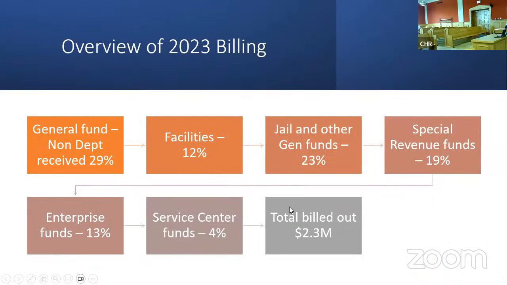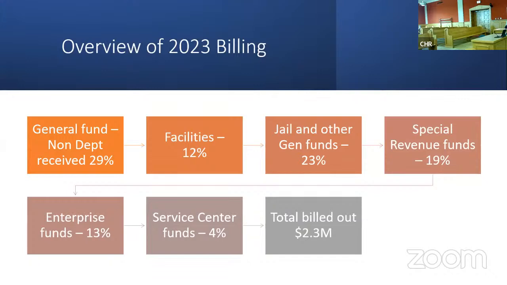So the overview of the billing for 2023, based upon that, was about a $2.3 million bill that was billed to departments. When you looked at it holistically, most of that went to the general fund. Non-departmental received about 29%. Facilities, 12% of that total.